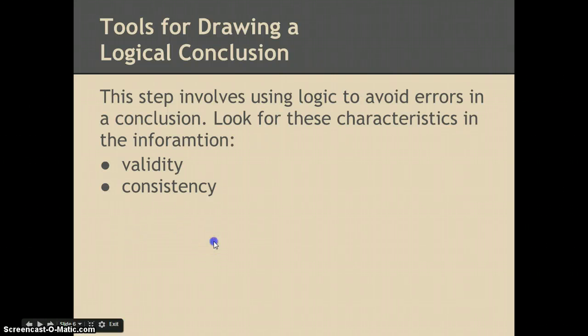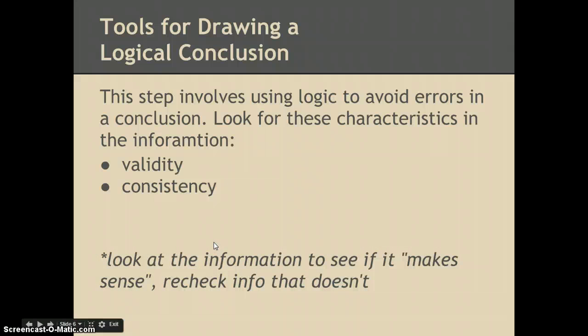We also want consistency in your information. And this is the step where you're really going to look at the information. You've narrowed it down to things that are relevant and applicable. Now you're going to look at it and just really overall see if it makes sense. If there's something that just doesn't make sense, you're going to recheck that info for consistency.